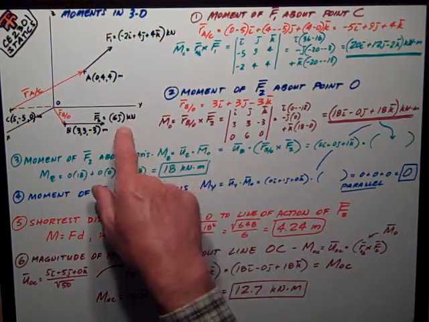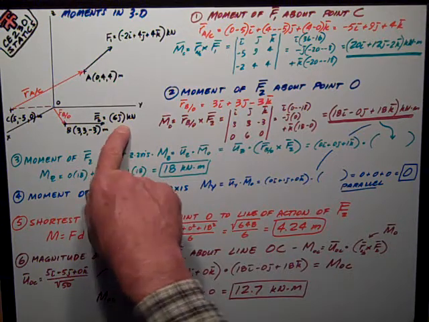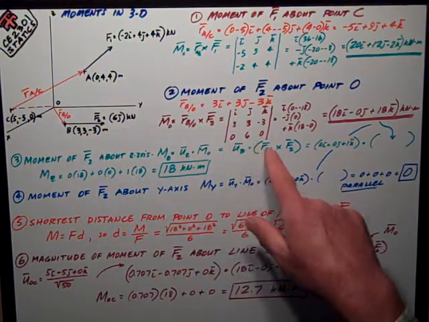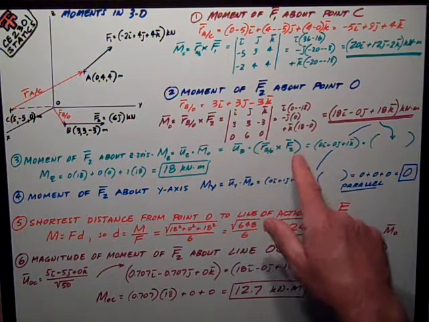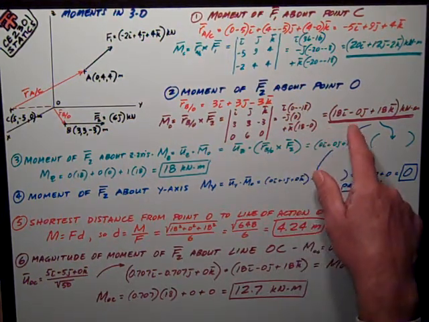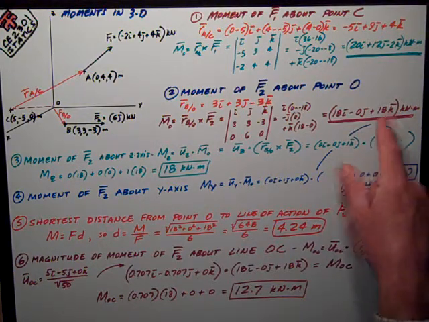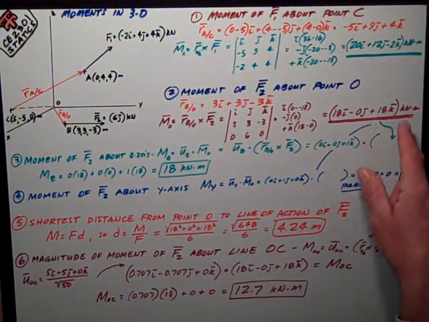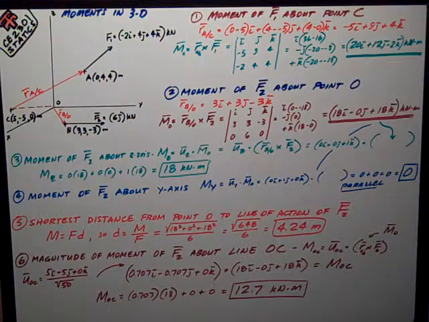Be careful on my force vector because it's just given to me as 6j, so I've got to supply the zeros in the proper places. Evaluate the determinant. I get 18i minus 0j plus 18k kilonewton meters.